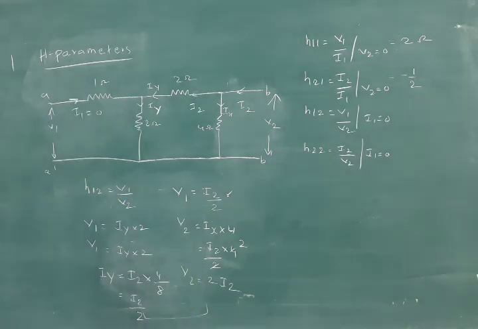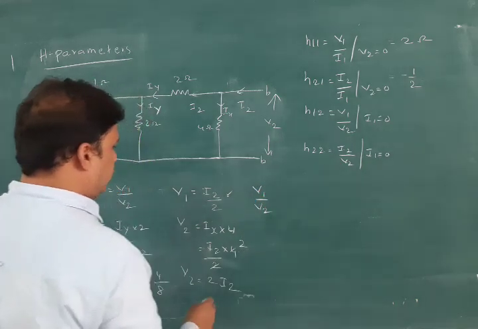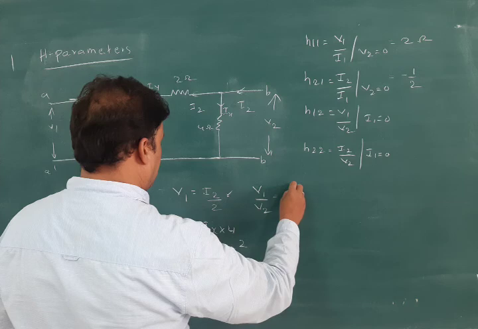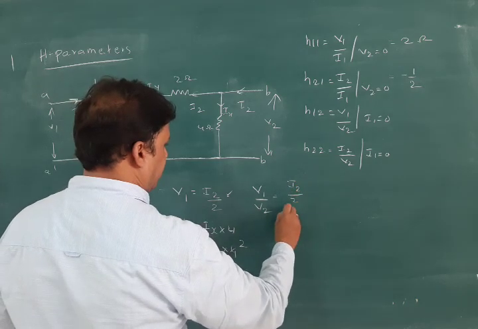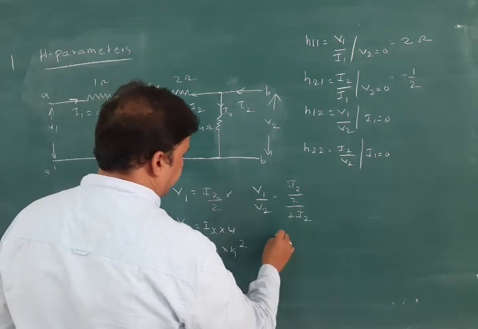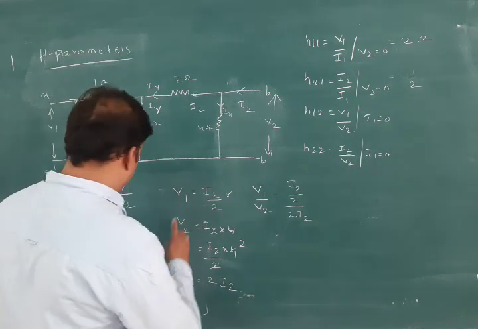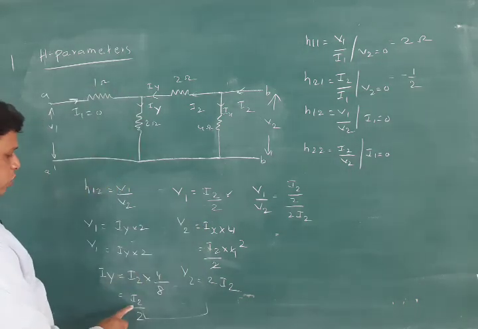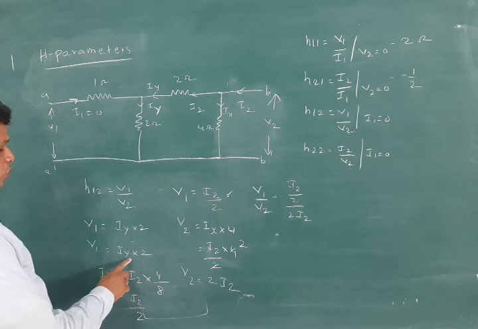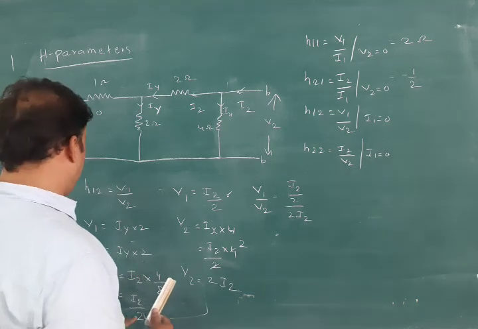Now you have to do V1 by V2. So students, here actually Iy is equal to I2 by 2, and V1 is equal to Iy into 2, that is I2 by 2 into 2.